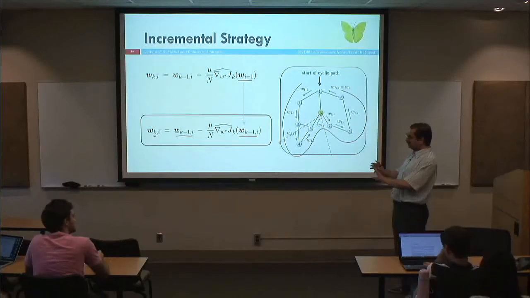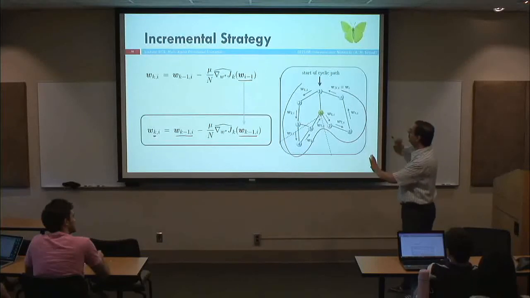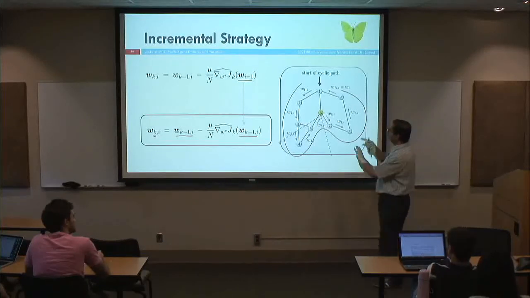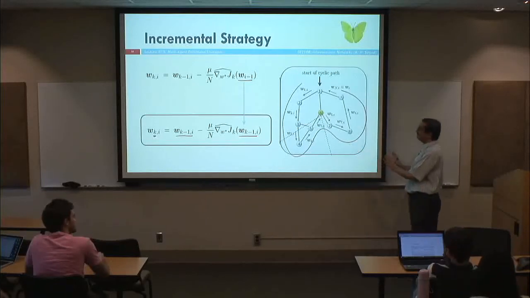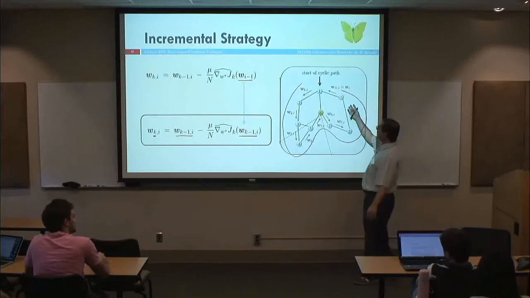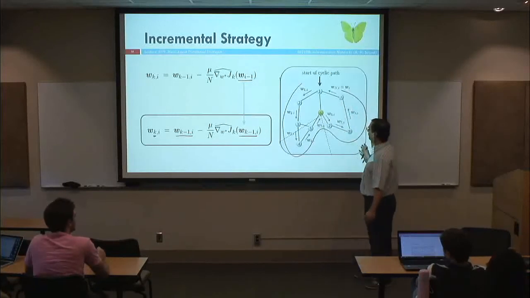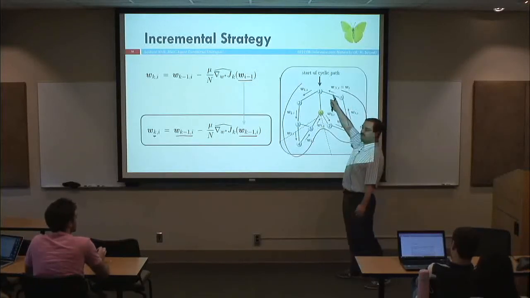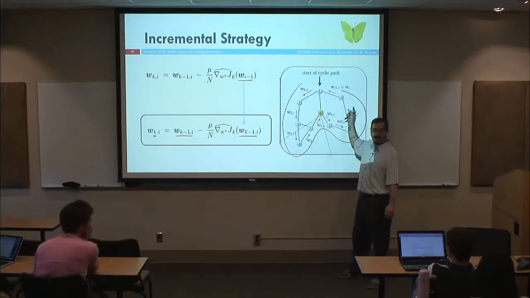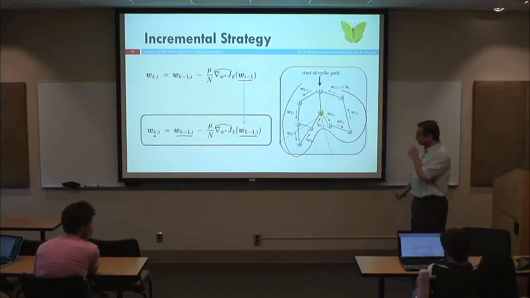I give you a network, you have first to find a cycle that visits the agents, and you have to number them 1, 2, 3 through n. This step we will not need in consensus and diffusion, and this is not a trivial step, because in general, if I give you any arbitrary network, it's not easy for you to go and find a closed cycle that visits all these agents once.